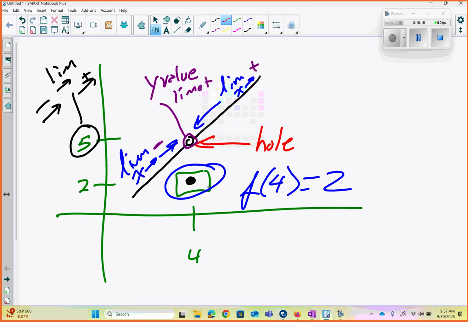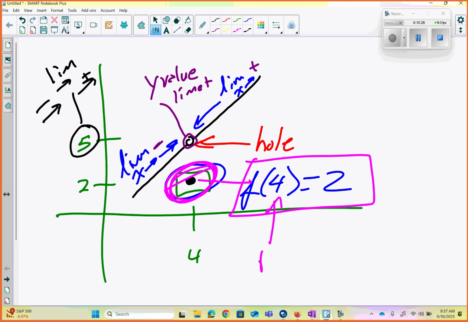If this hole exists and you have a solid dot below that hole, the only time that this dot becomes the answer is when you are using functional notation. So this means that I would be plugging 4 in to get a point, get a y value.